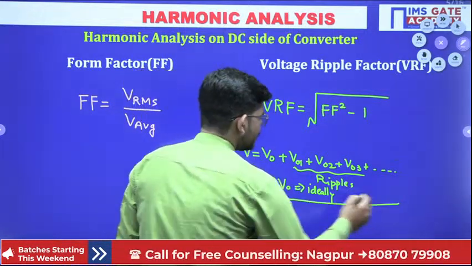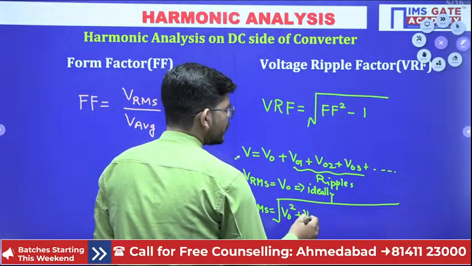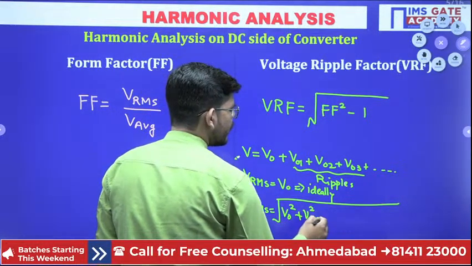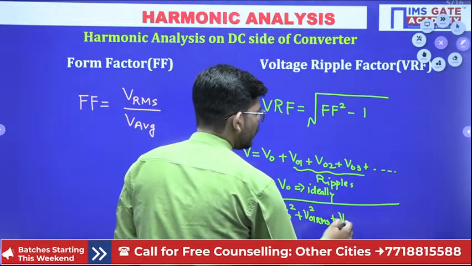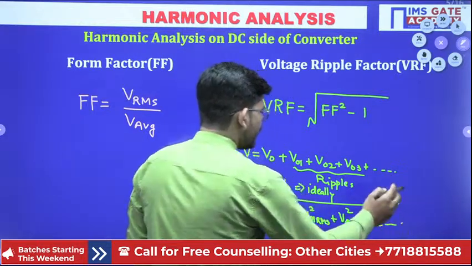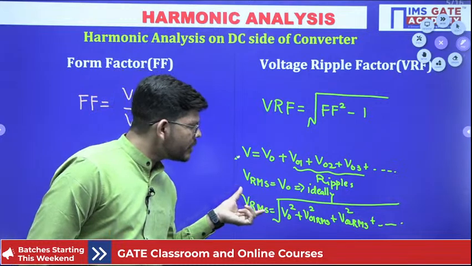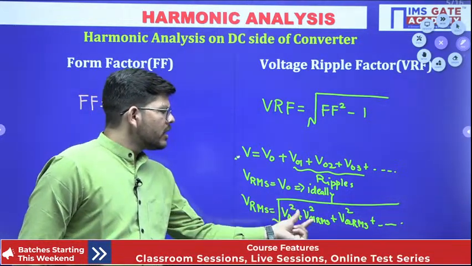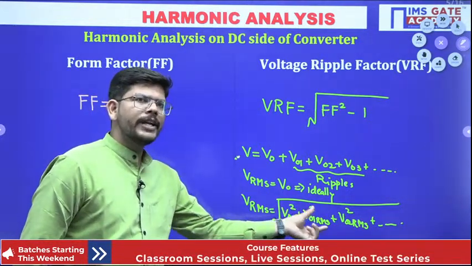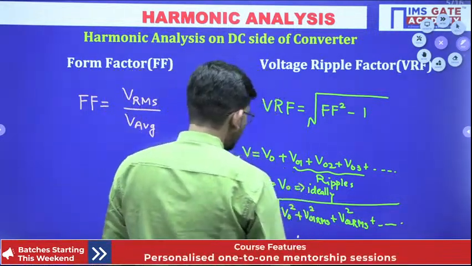Practically, this RMS value is equal to V0 square plus V01 RMS square plus V02 RMS square and so on. So practically this RMS value of this voltage will be the sum of the RMS values of all the components. All the components will be involved in the calculation of this RMS value. So practically this is what we are going to get.